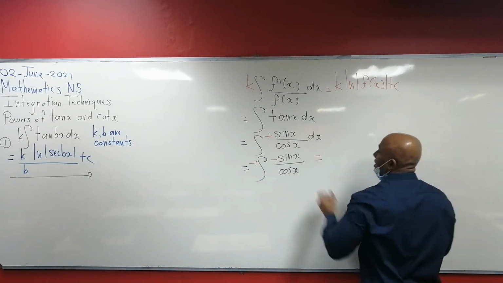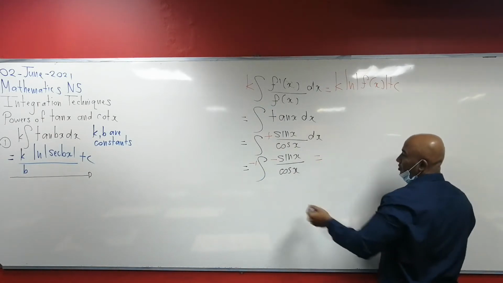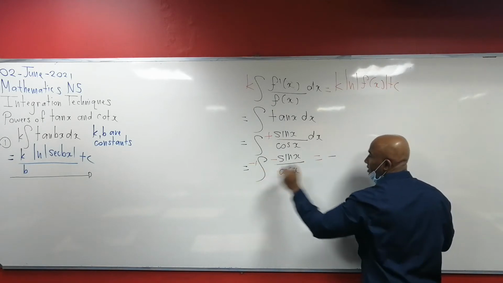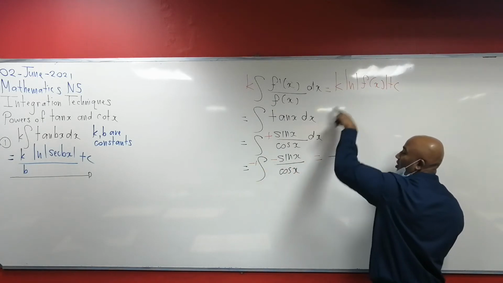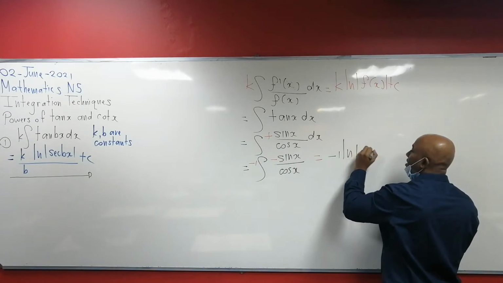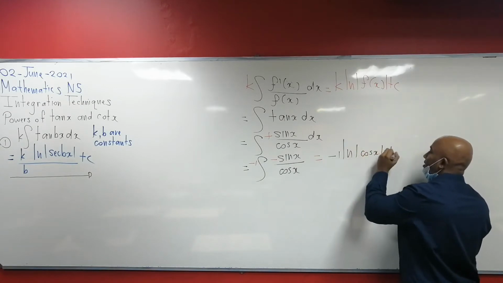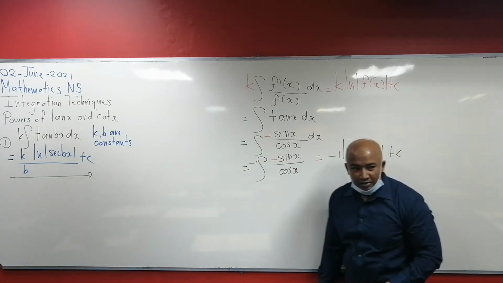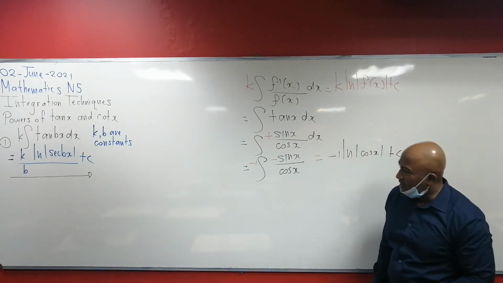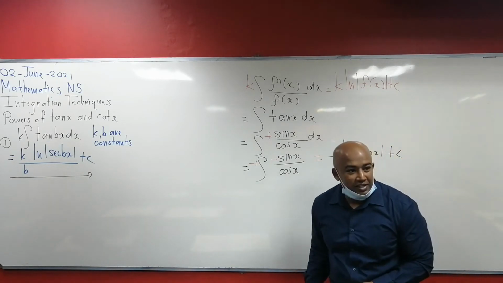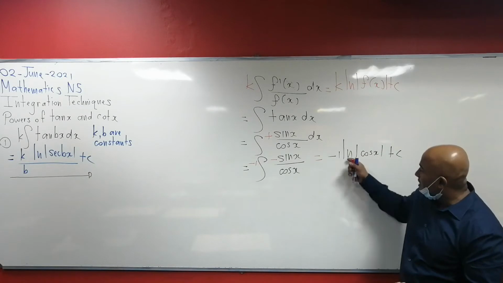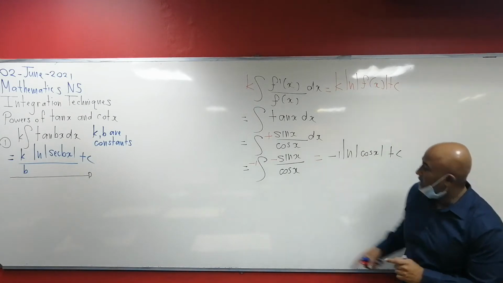So this is equal to -1 ln of the denominator, which is cos, plus c. Now you might be wondering, that does not look like sec. With just a little bit of simplification, we will get to that.